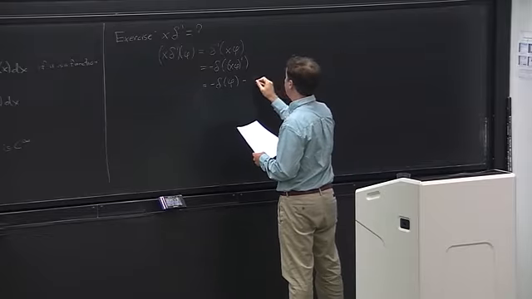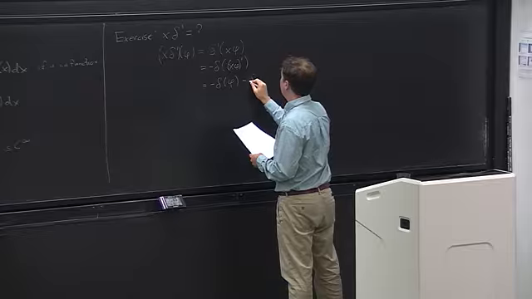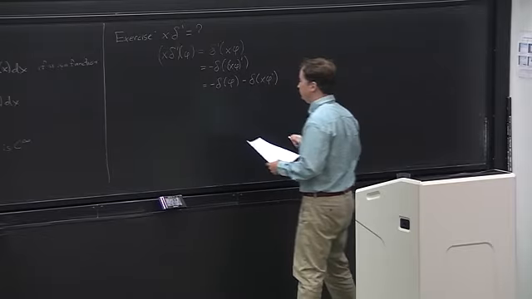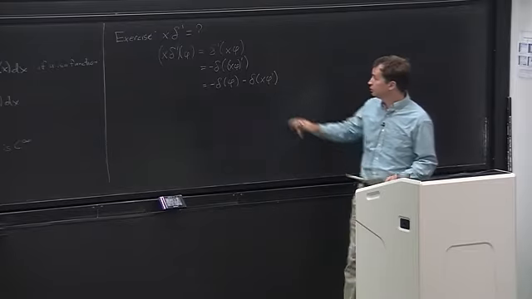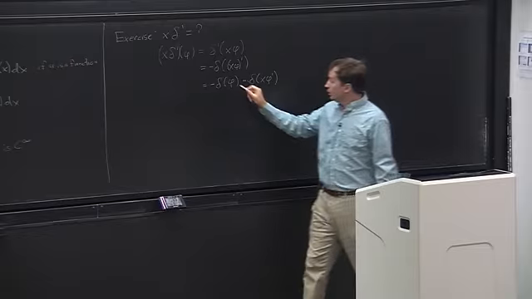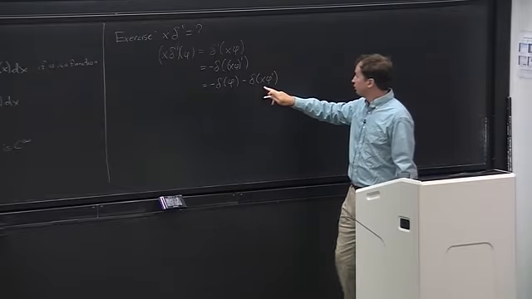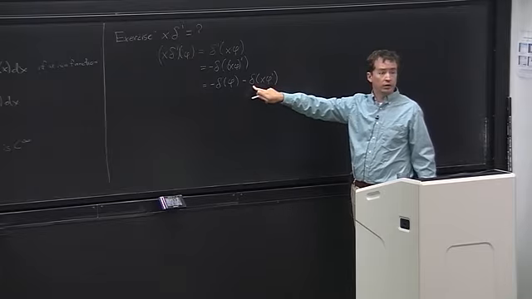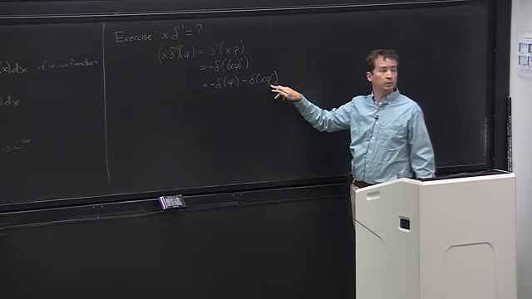That's minus delta acting on x times phi prime. So we just use the product rule for derivatives. In the second term, we've got the Dirac delta acting on x times phi prime.